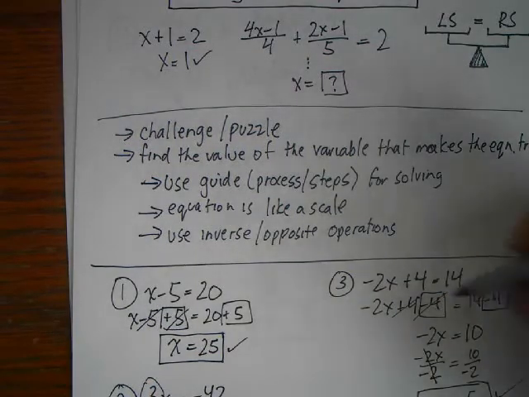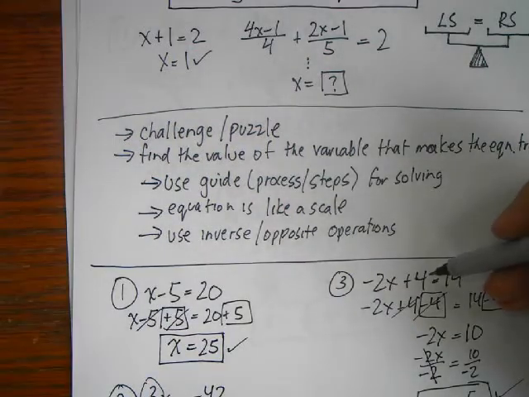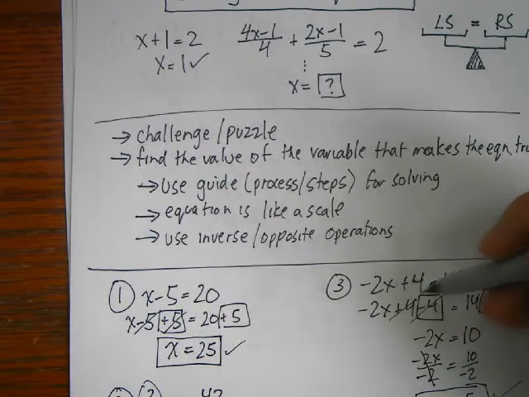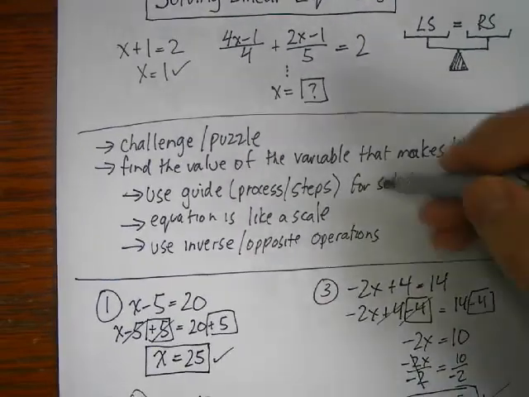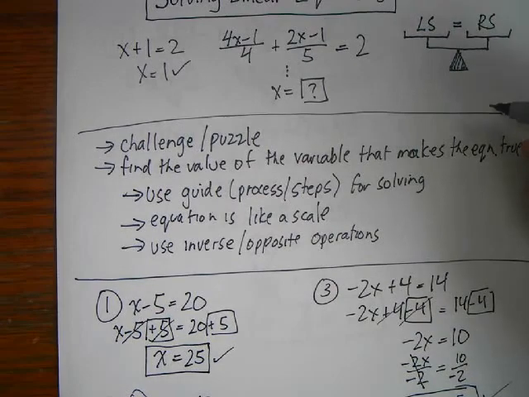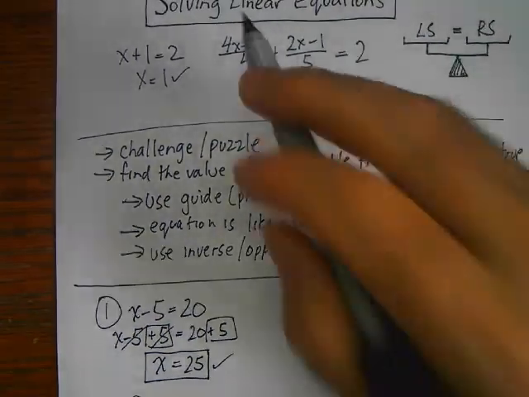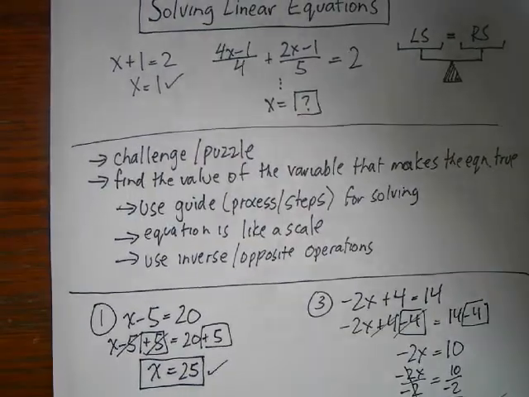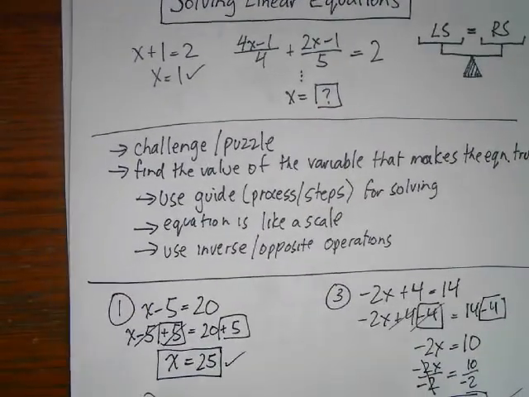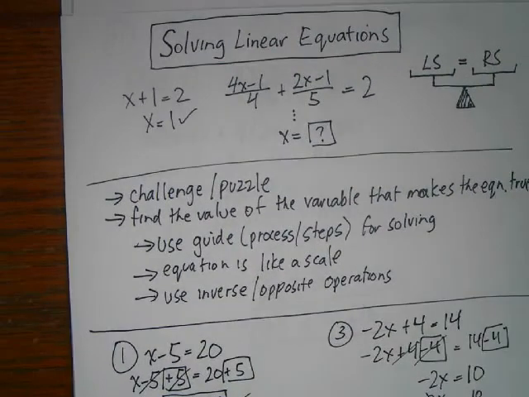We may have more than one of those variables, like x's or y's or w's, but we don't have x's and y's in the same equation. So that's what linear equations are. And hopefully these examples help you become confident and know how to solve equations.